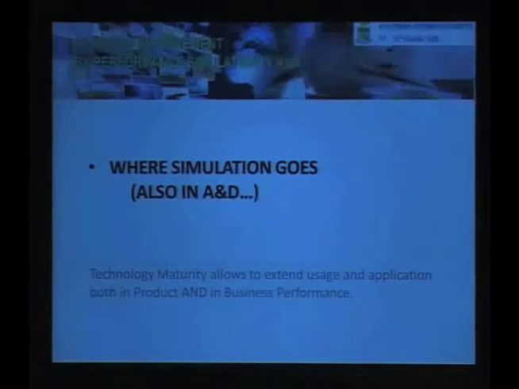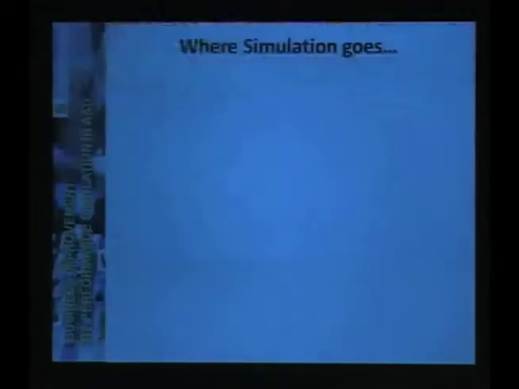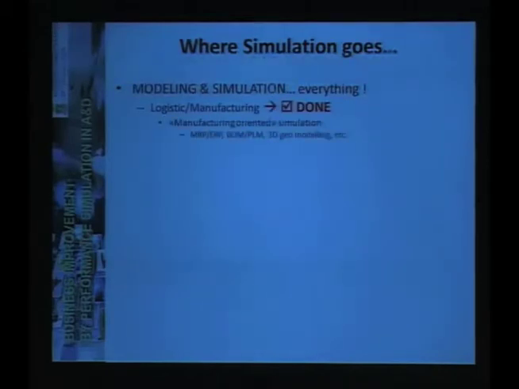So where simulation goes, especially in aerospace and defense today, technology maturity allows to extend the usage and the application to gain both in product and in business performance. And let's say that today modeling simulation is everything. I would say that this task is done somehow.